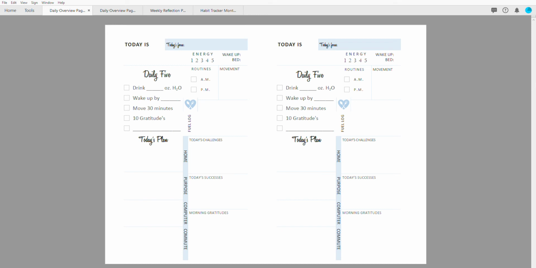So, I think the things that are relevant and vital to the day also include the ways that you care for yourself, right? A common one that I will put under my home section is meditate intentionally.